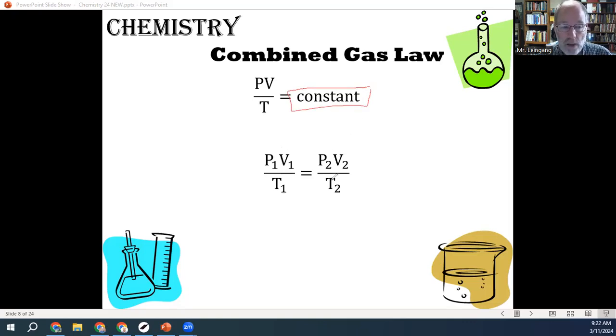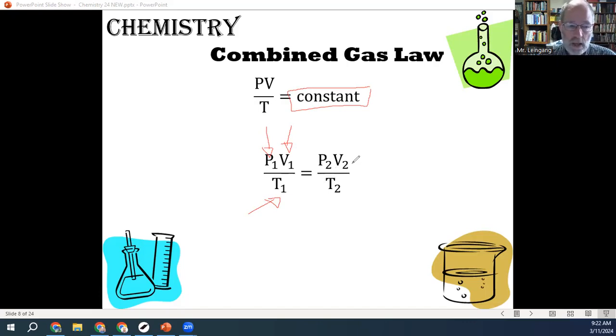And so we can set up our problems and say, if I have a gas and I know how much gas I have to start with, and I can measure the pressure and the temperature to begin with, I can then determine what the new temperature or pressure or volume will be based on other changes.